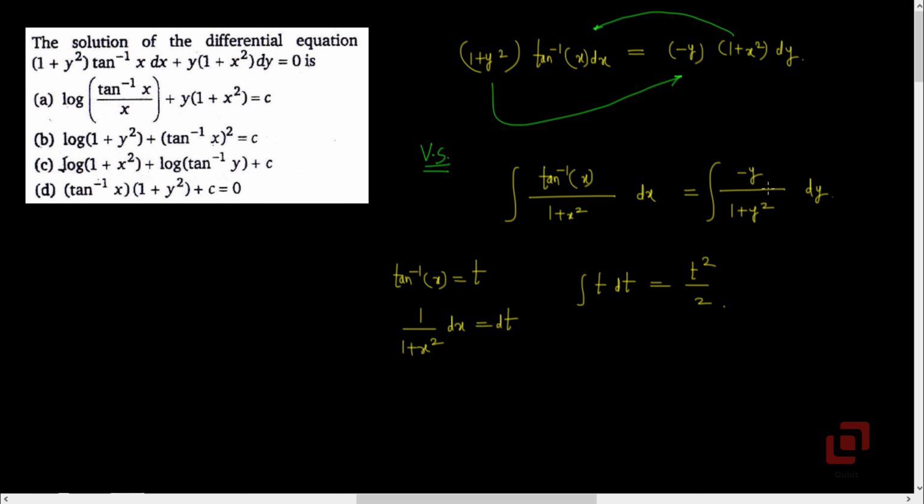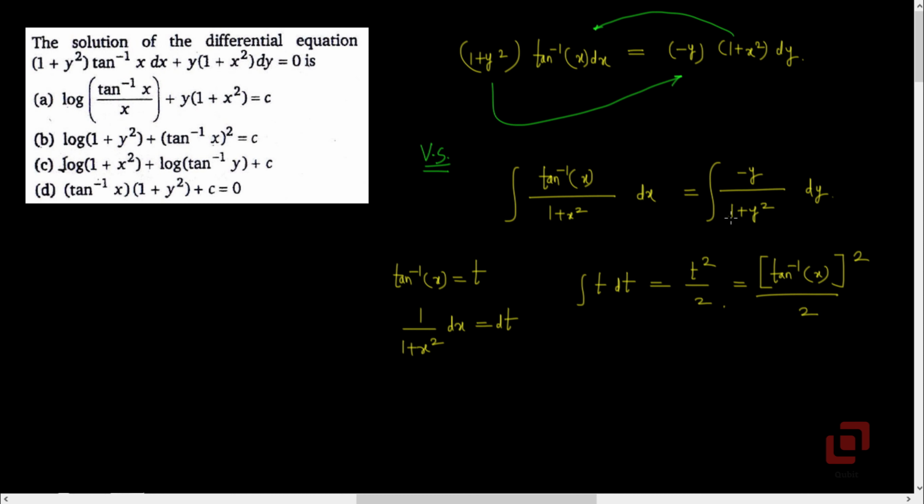Before we integrate the right hand side, observe that t squared by 2 is tan inverse of x squared by 2, and except for option B, none of the other options has square of tan inverse. So option B is the strong contender to be the right option.